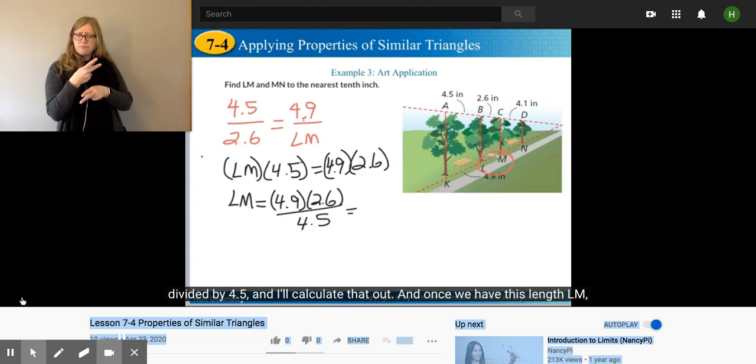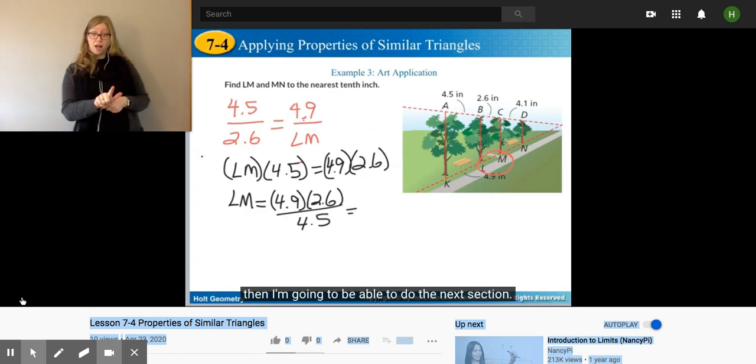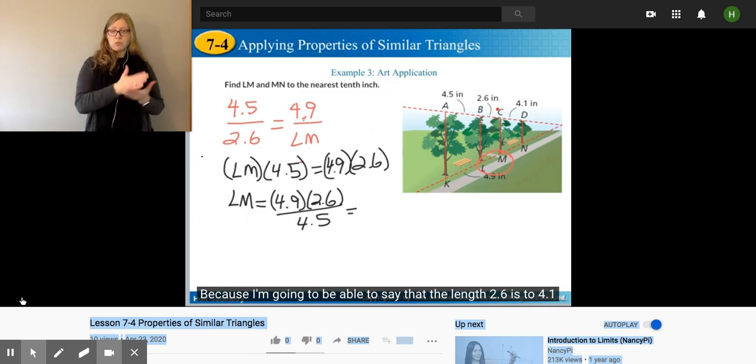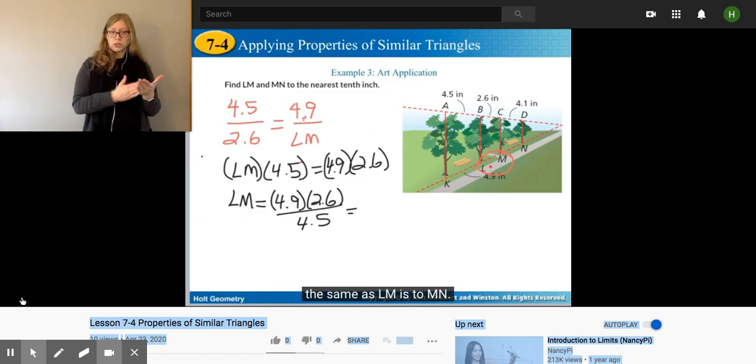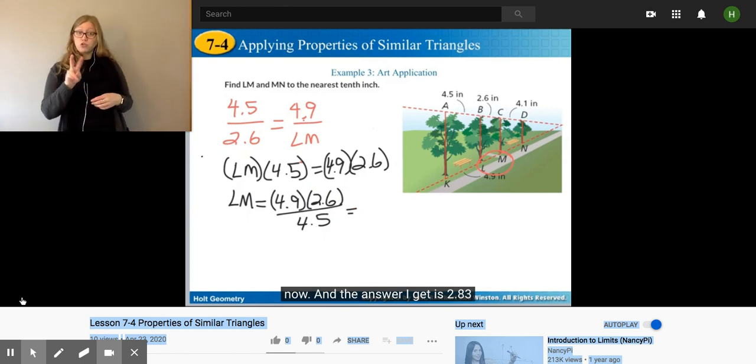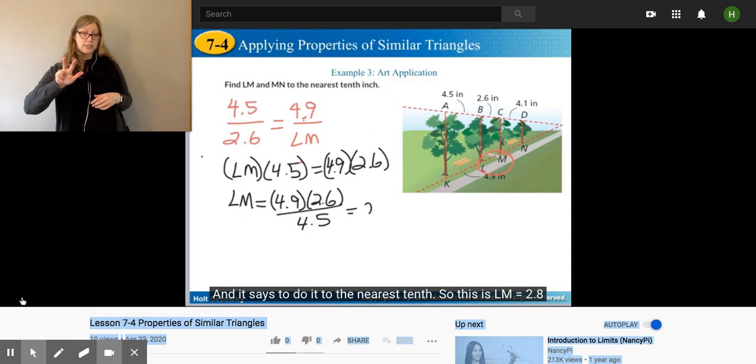And once we have this length LM, then I'm going to be able to do the next section, because I'm going to be able to say that the length 2.6 is to 4.1 the same as LM is to MN. So let's calculate this. And the answer I get is 2.83. And it says to do it to the nearest tenth. So this is LM equals 2.8.